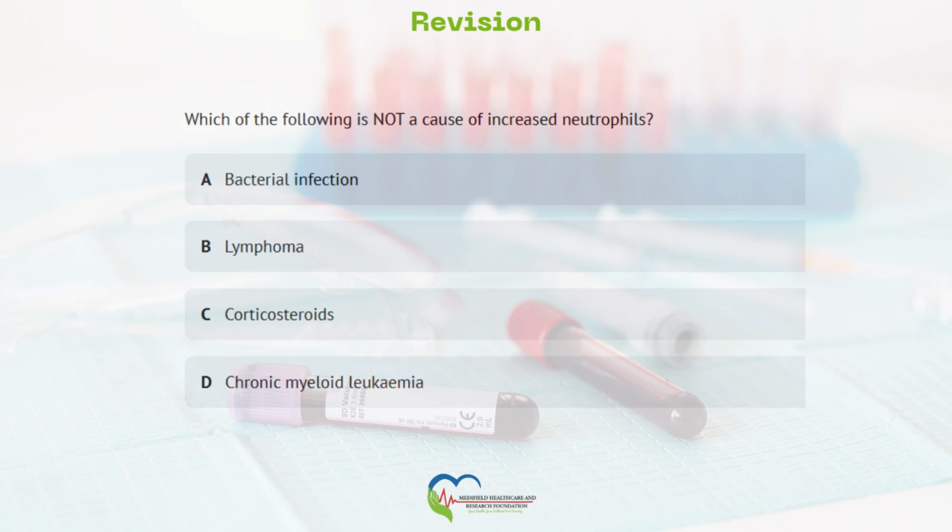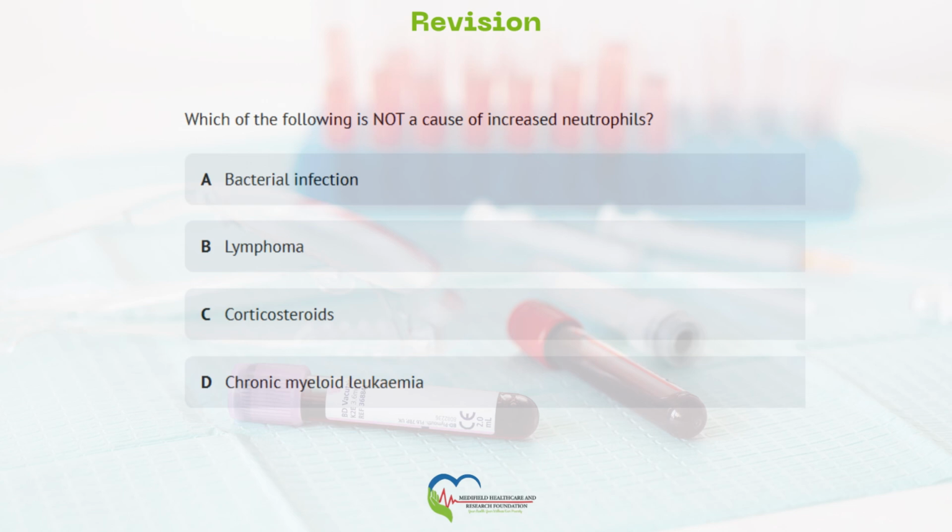But something that is away from the bone marrow may increase the neutrophils secondarily, not primarily. So it is far from being closer to how these others increase the number of neutrophils. So I think I would go for lymphoma here. I don't know what you would go for.